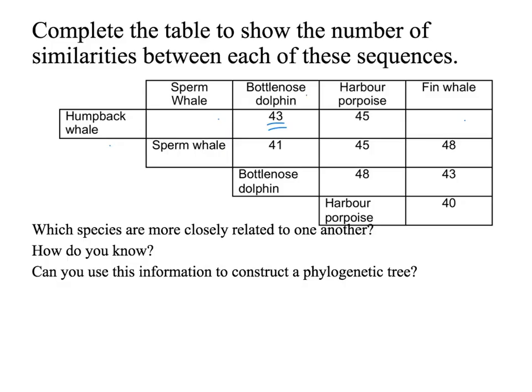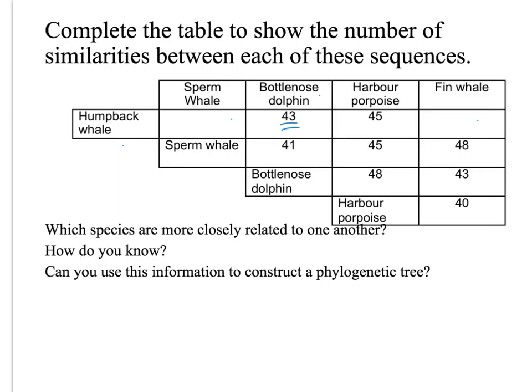Okay, so hopefully in your table you've managed to work out that the humpback whale and the fin whale have 51, and the sperm whale and the humpback whale have 50.